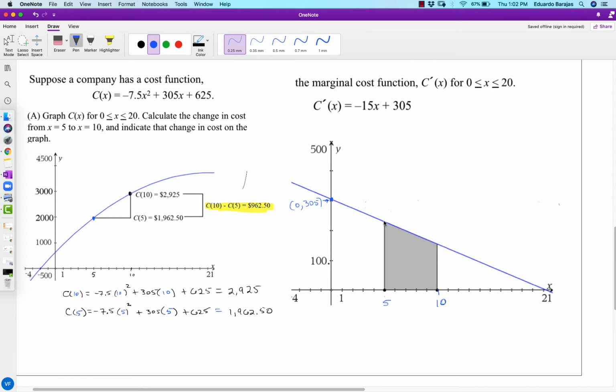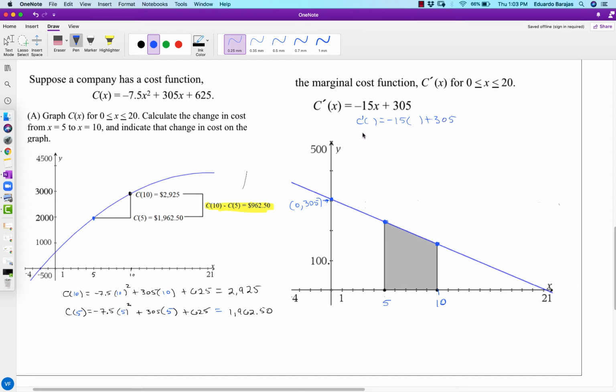Okay, so I know I'm going to need the value of that point, and I'm going to need the value of that point. So let's figure them out. Remember, our function is C prime of x, so I'm going to need to figure out what is C prime of x when we plug in a 5. So it'll be negative 15 times 5 plus 305.